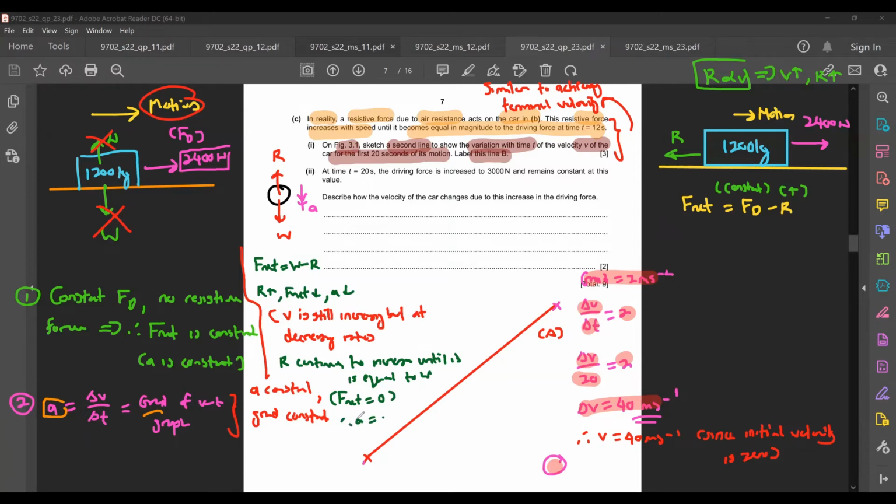Therefore, A is 0. Your object moves with constant velocity. This was basically how I explained your object achieving terminal velocity last time under kinematics.